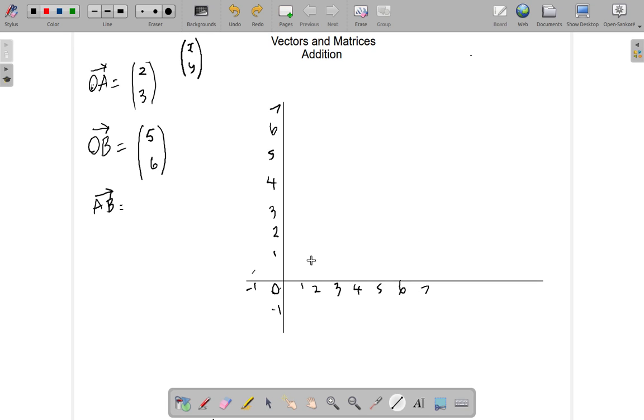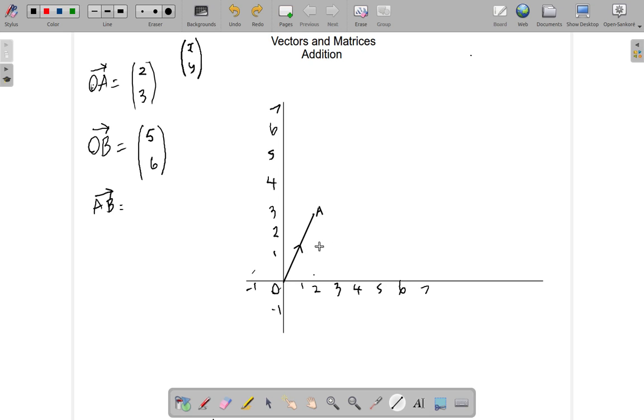So 2 is here along X, and 3 is here along Y, and without sketching any construction lines, they are going to meet right here. So OA is this vector, and A is right here.